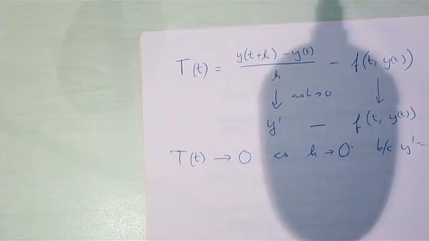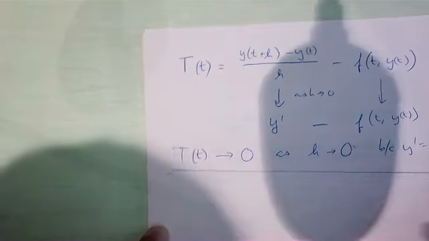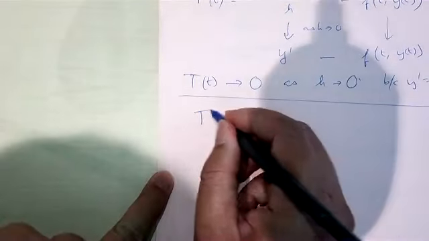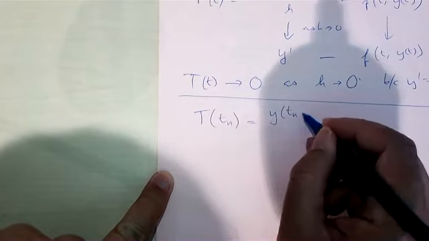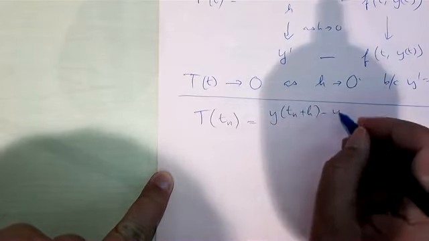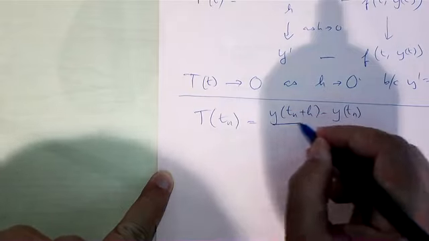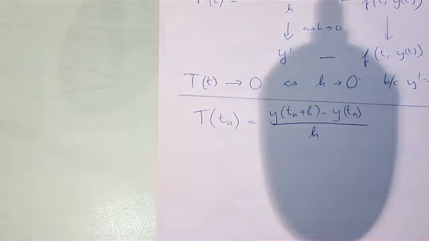So I just put t equal to tn. Then I have y(tn + h) minus y(tn), because we are only interested in the local truncation error at the point where we are doing the numerical calculation.